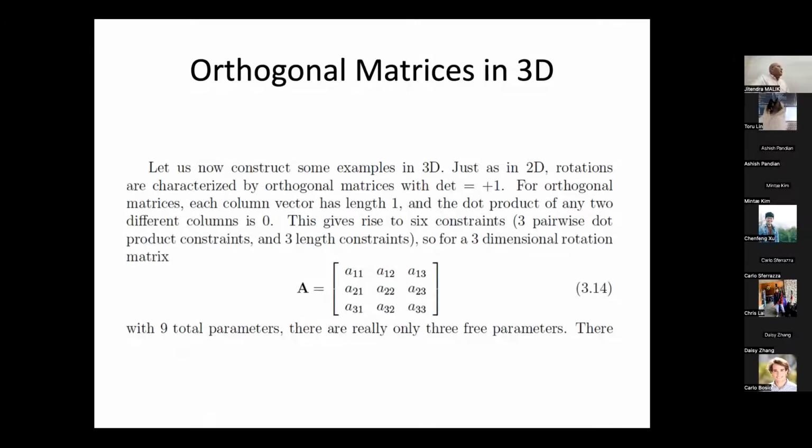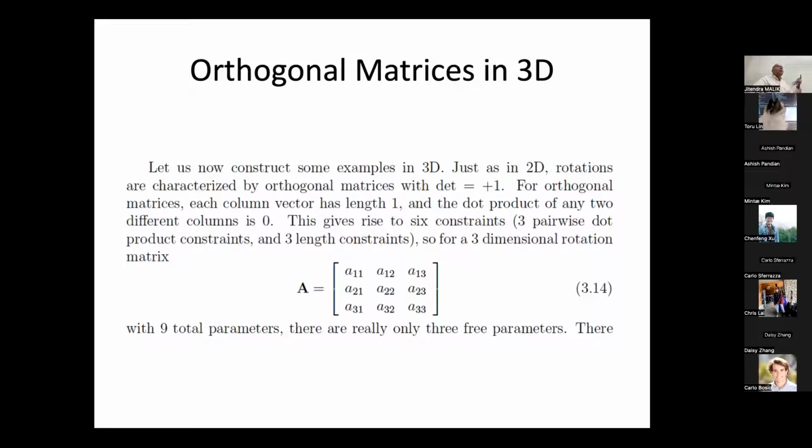Okay, now we go to 3 dimensions. So in 3 dimensions, we are going to have 3 by 3 matrices. These are 3 by 3 orthogonal matrices. So what's the definition? Each column is of length 1. Any 2 columns are perpendicular to each other. That means that the dot product of any 2 columns is 0. So that's the definition of an orthogonal matrix.